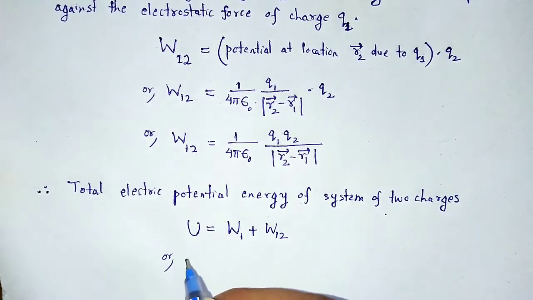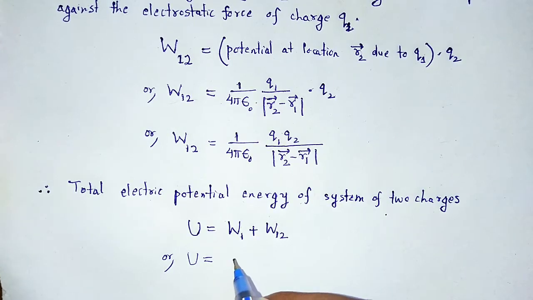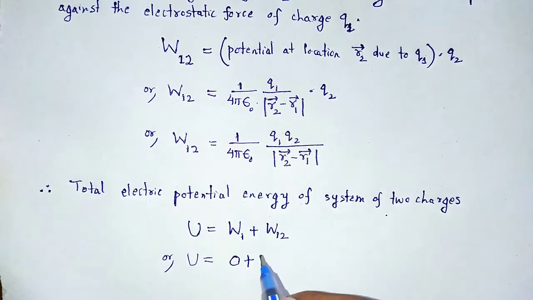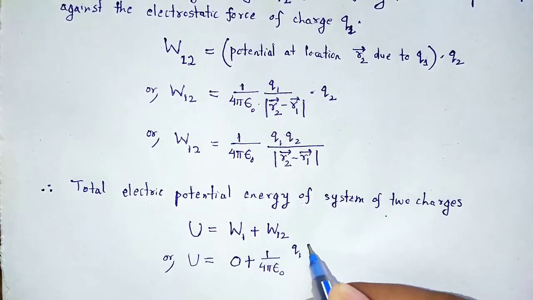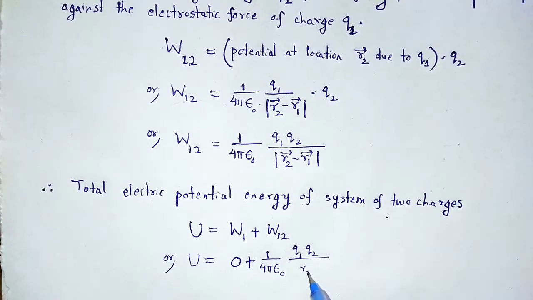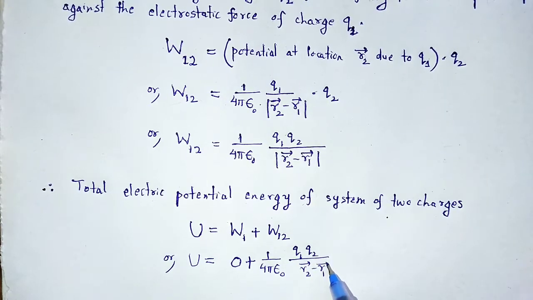The value of W1 is 0, and W12 is 1 by 4 pi epsilon naught, q1 q2 divided by the magnitude of r2 minus r1.